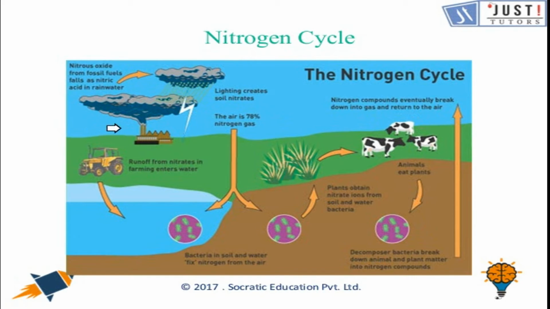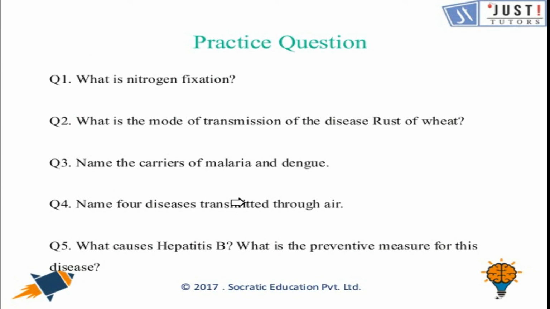The clouds, after rain, bring nitric acid, which is converted back into the soil, and this cycle continues forever. In the nitrogen cycle, nitrogen gas is a byproduct which gets released to the atmosphere, thus keeping the nitrogen in the atmosphere constant. Now we have some practice questions, so you can try all of these questions.